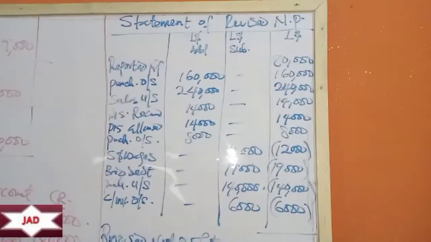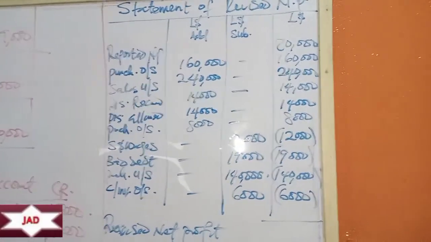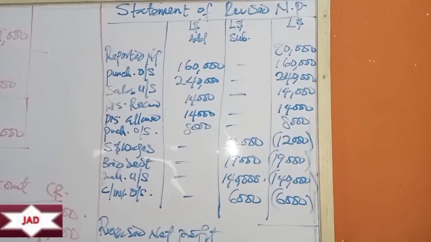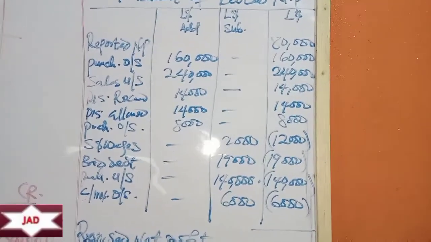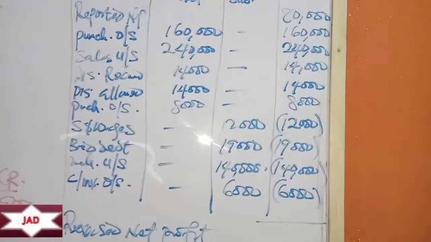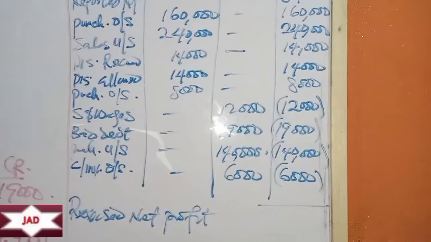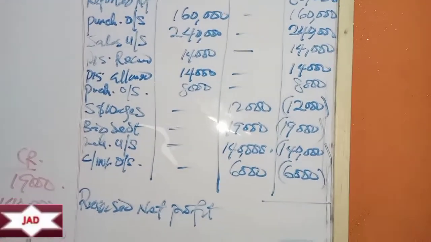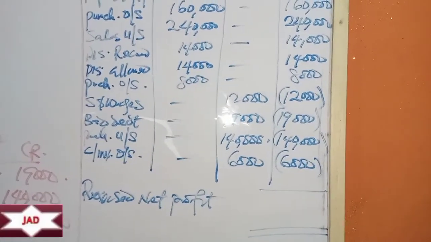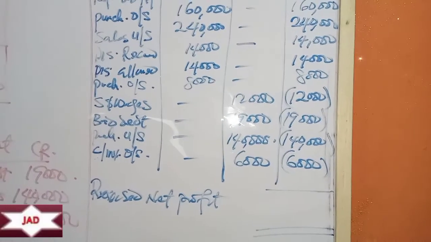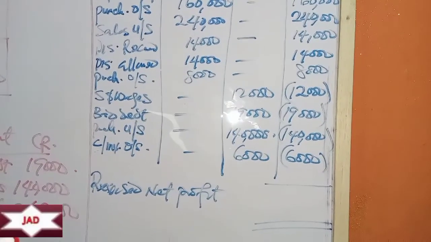So we have 80,000 plus 160,000 plus 240,000 plus 14,000 plus 14,000 plus 8,000, minus 12,000, minus 19,000, minus 140,000, minus 6,000.